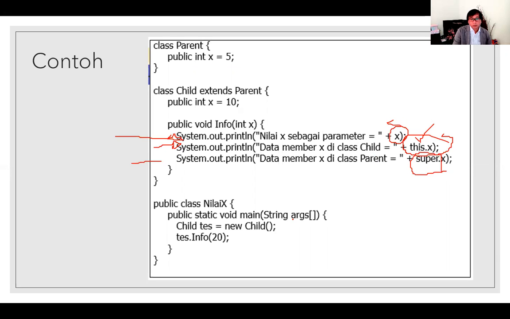So when we create a main class and execute the info method like this one, what do you think would be the printout result of this method? Anyone know?